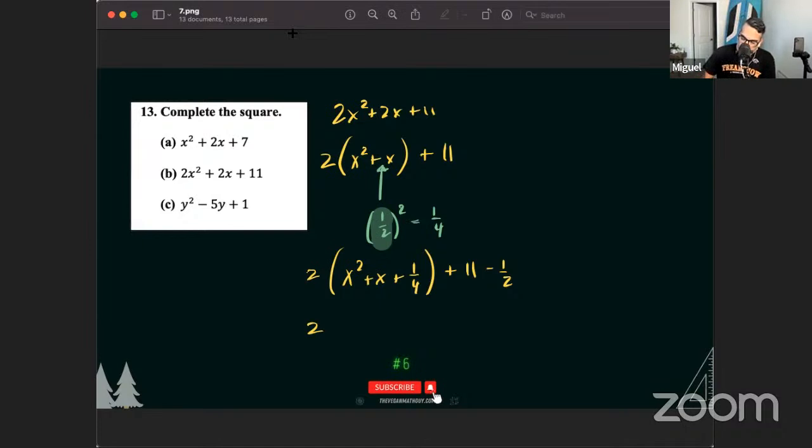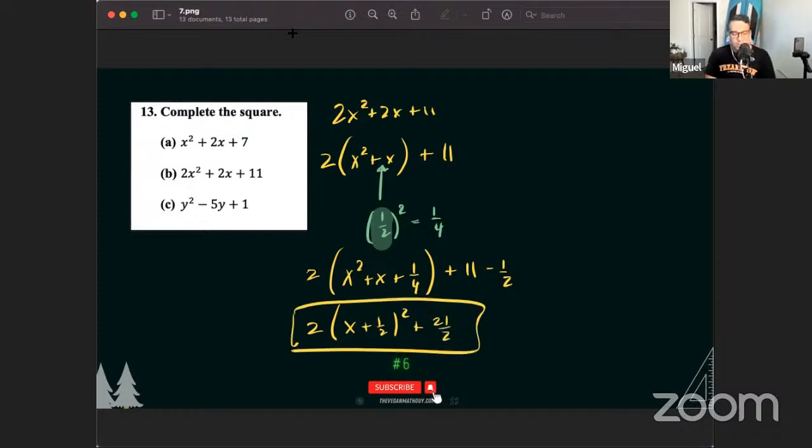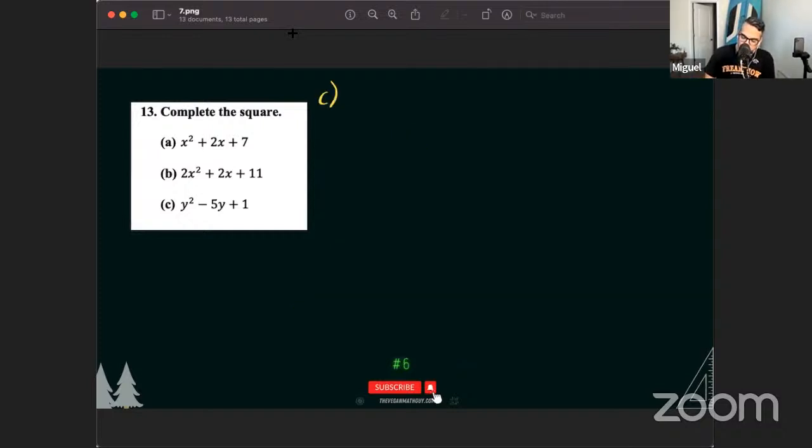So then now we have this factored term 2 times x plus 1/2 squared plus, and then I have to combine the 11 minus the 2. I can just get common denominators, and I believe that's 21/2. That's completing the square. So annoying. Like, why? It doesn't matter. We're working with fractions here. Just, annoying. Okay, let's go to part C.